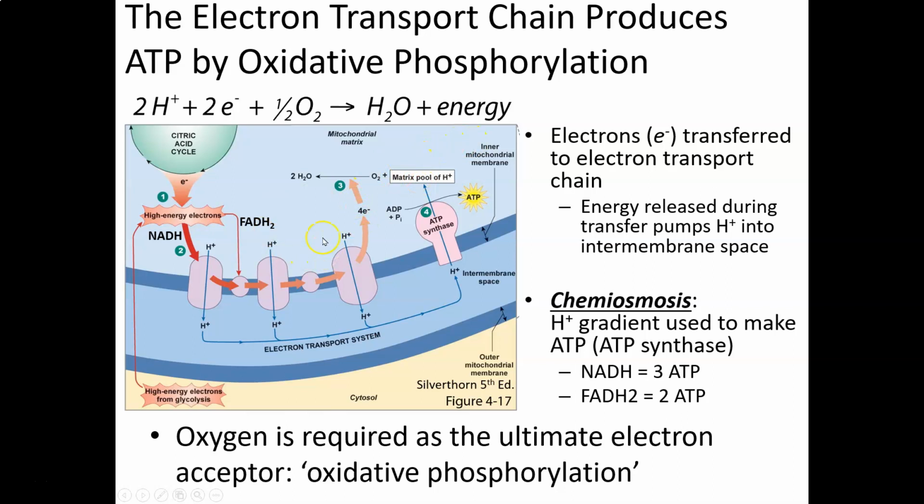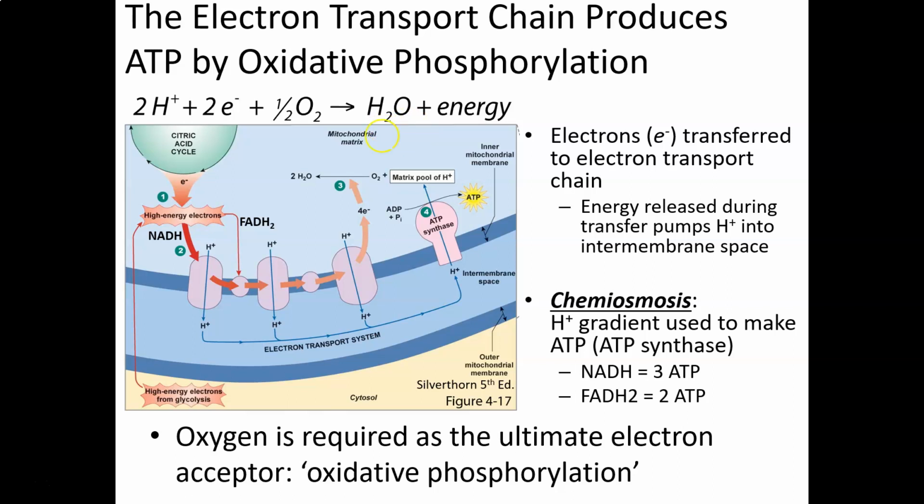And so let's just explain what the electron transport chain is. It's a series of enzymes located in the mitochondria, okay, where what happens is we pump hydrogens across the membrane and then let them diffuse the other way across the membrane and synthesize ATP.